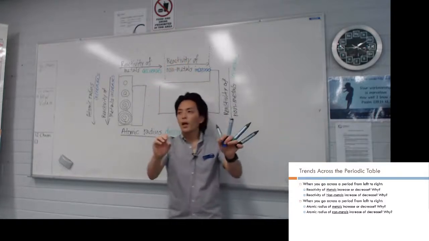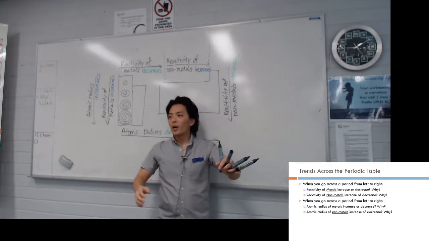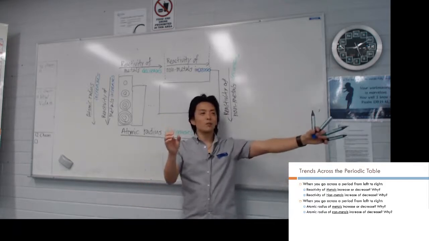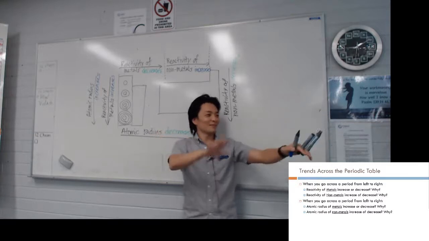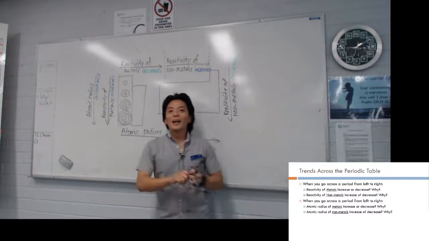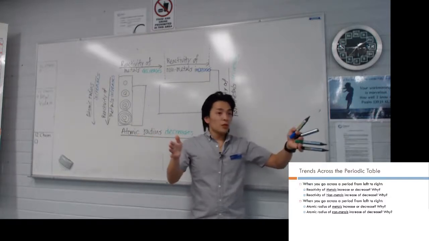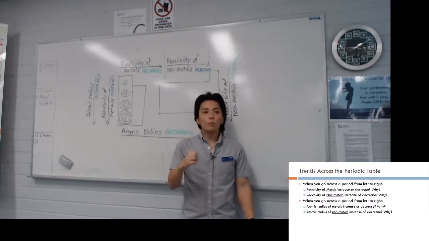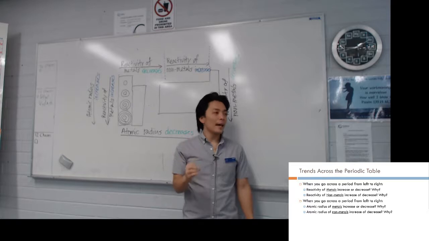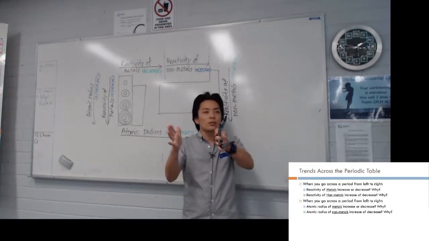But if there were many barricades and security guards in between, you might feel distant and not as attracted. It's just a metaphor. So if there were more layers of electron shells, the outermost shell electrons might not be as tightly held to the nucleus as ones at a shorter distance. Does that make sense?